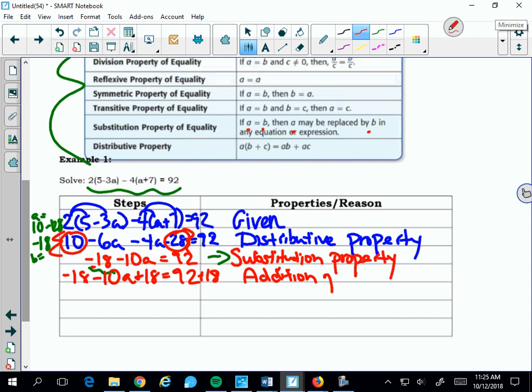A lot of these are basically just like, well, what are you doing? What are you doing to get rid of that 18? Well, I'm adding. I'm using the addition property. I'm doing the exact same thing that I did up here. I'm using the substitution property again.